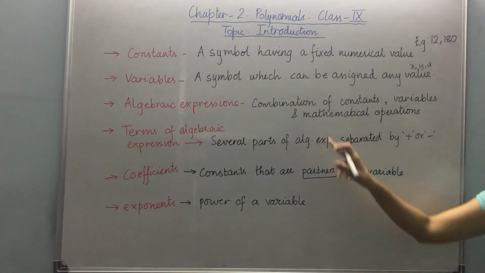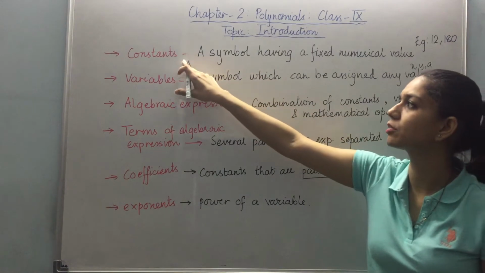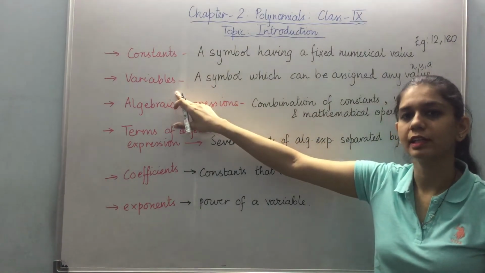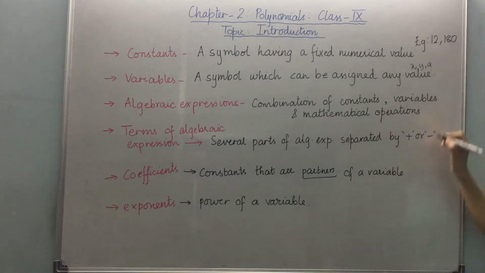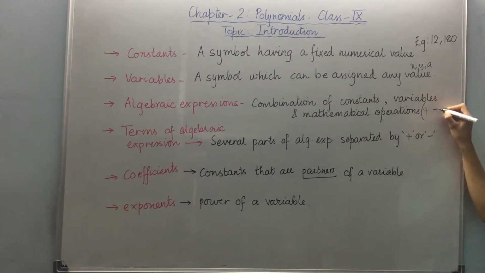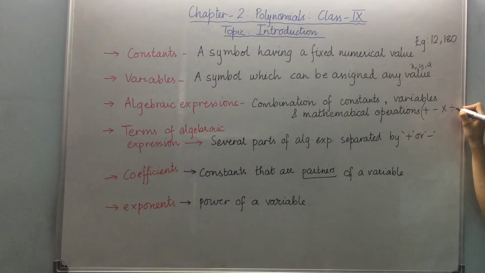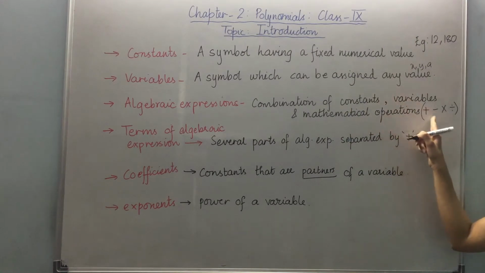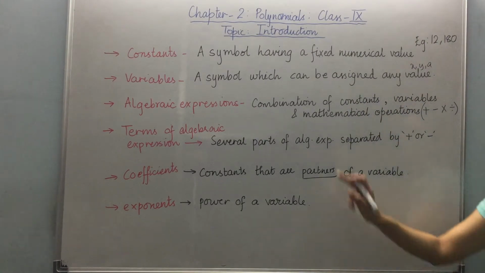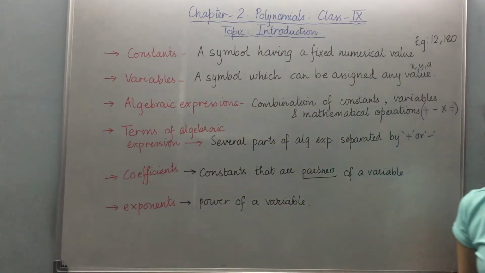Expressions. When we combine the constants with the variables along with some mathematical operations. Now we know plus, minus, multiply and divide are four mathematical operations. If we combine constants, variables and any of these operations, we get an algebraic expression.